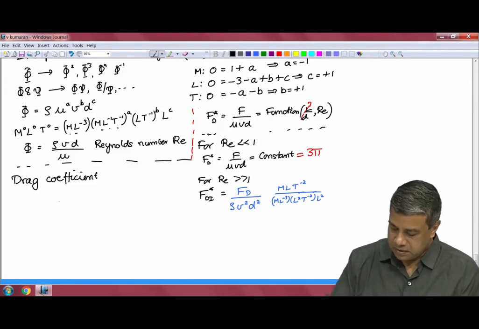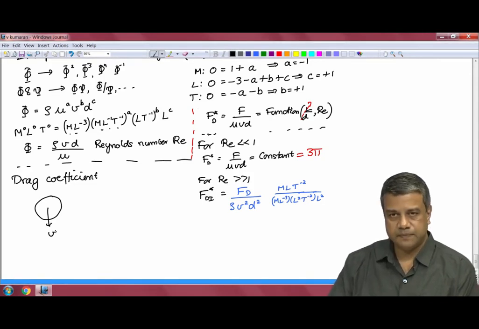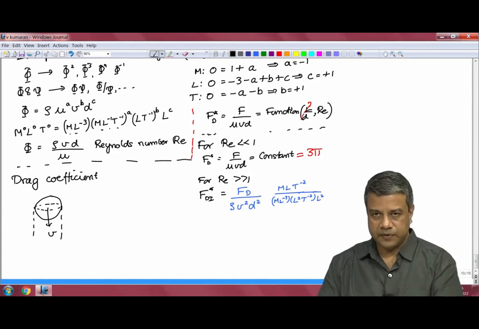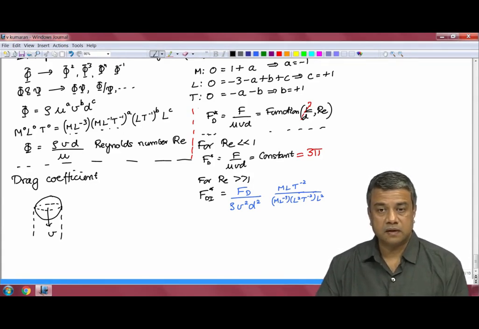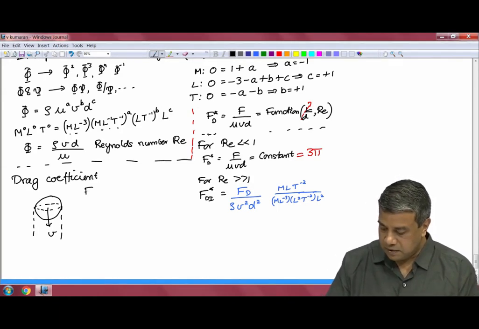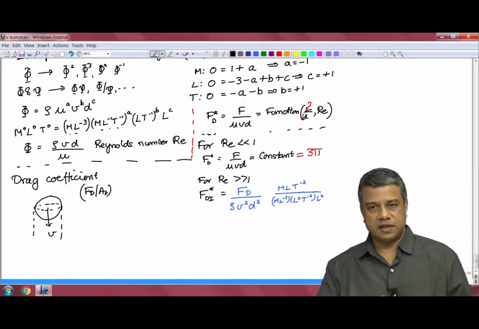If I have an object that is moving relative to the fluid with some velocity v, the cross sectional area projected along the flow direction is called the projected area. Rather than writing a correlation for the drag force itself, you write a correlation for the average pressure on the projected area, so you write an equation for the drag force divided by the projected area, which is like an average pressure acting on the surface.